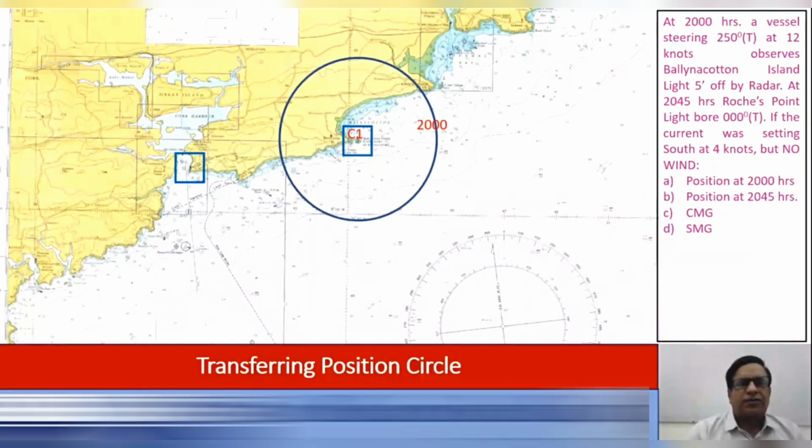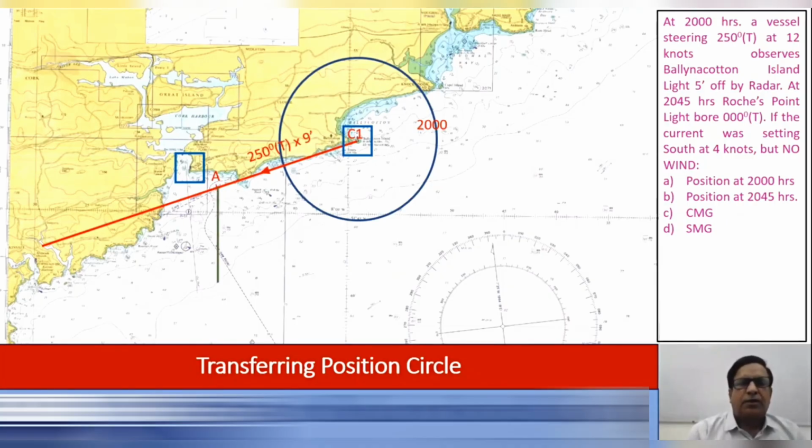So we first draw the CTS of 250 through C1, single arrow, 45 minutes engine distance shall be 9 miles. We cut off that point and we get point A. A would be the DR, not really DR because the ship is not at C1, but if the ship was at C1, then she would have reached A.